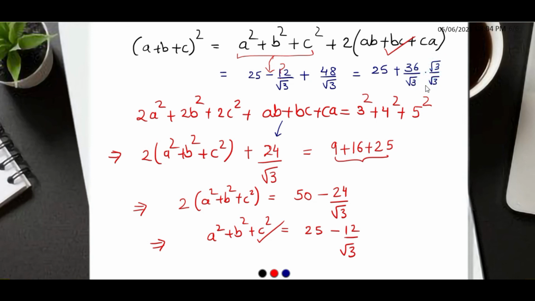Root 3 times root 3 will become 3, and we can cancel this out with 12. So 12 root 3. So this is the final answer: A plus B plus C whole square is equal to 25 plus 12 root 3. That's it guys. I hope you like it.